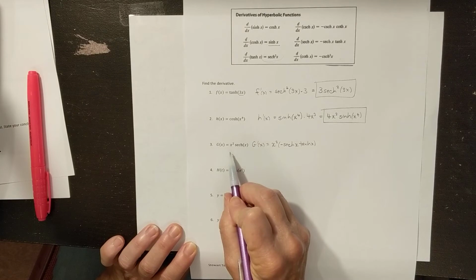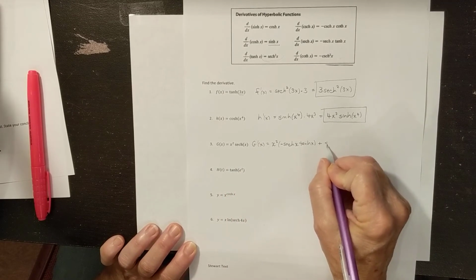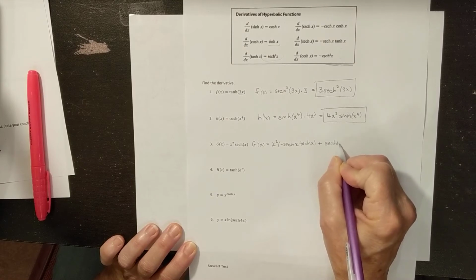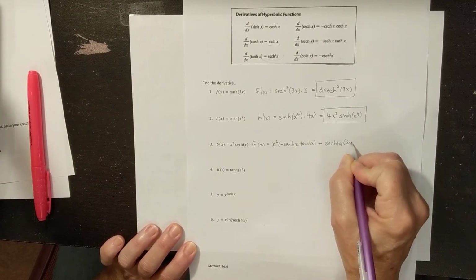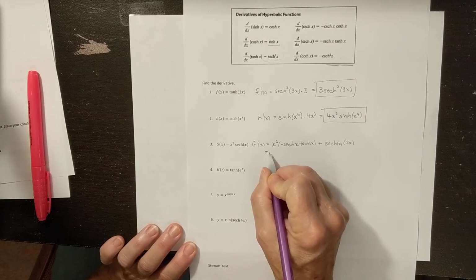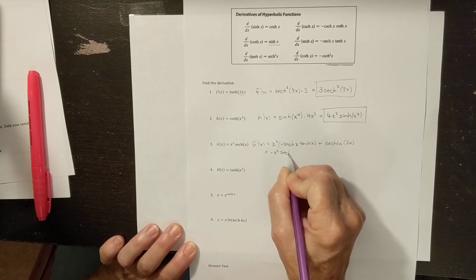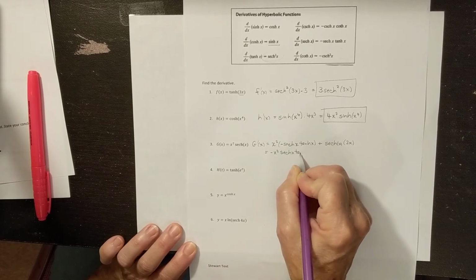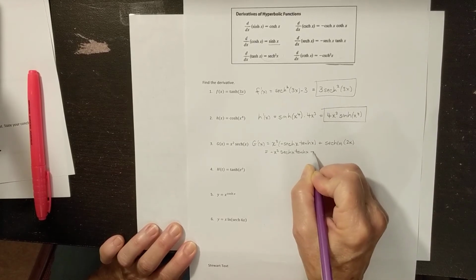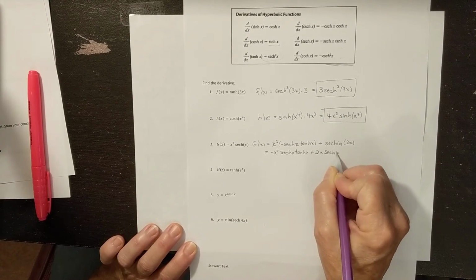So that is first times the derivative of the second plus second, hyperbolic secant, times the derivative of the first, 2x. And so I'm just going to write it a little bit cleaner. Negative x squared times hyperbolic secant hyperbolic tangent plus 2x times hyperbolic secant.